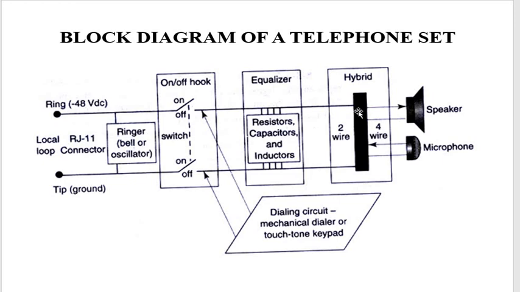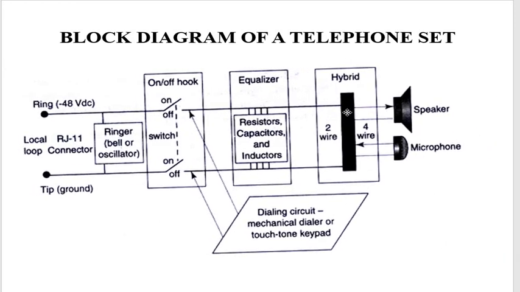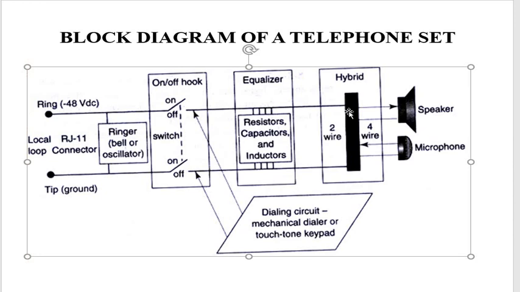And it is connected to the speaker through the hybrid block. And the next block is the microphone. It is also the transmitter. It converts the sound signal, in the form of sound pressure waves from the caller, to an electrical signal, which is transmitted into the telephone network through the local subscriber loop.